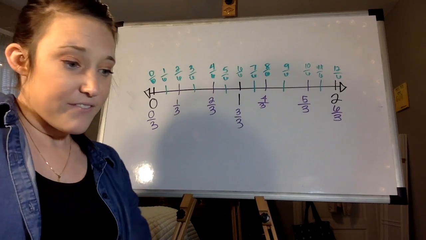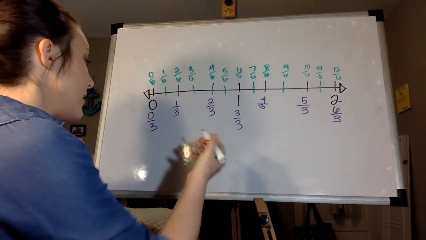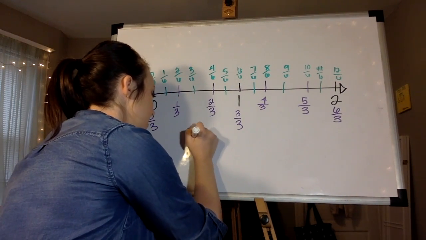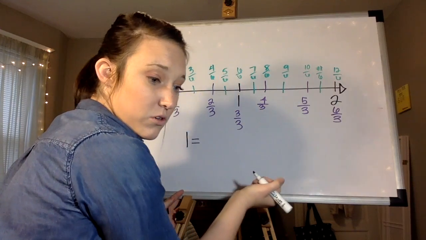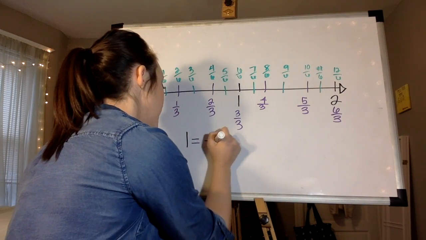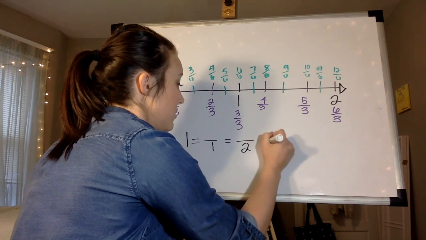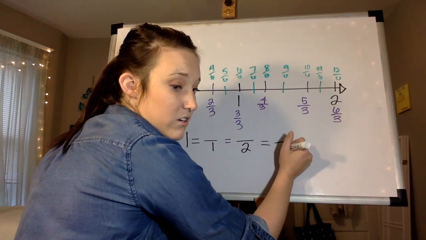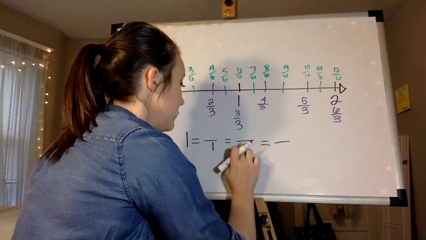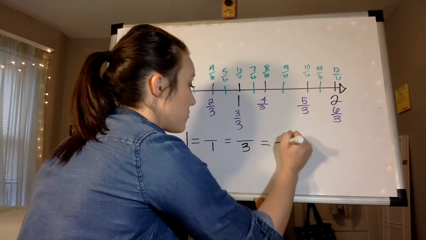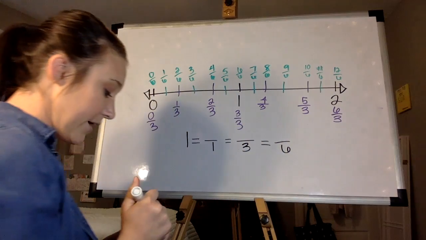And then the second half of this problem, it gives us 1 is equal to something over 1, equal to a fraction over 2, equal to a fraction over 3, equal to a fraction over 6, okay?